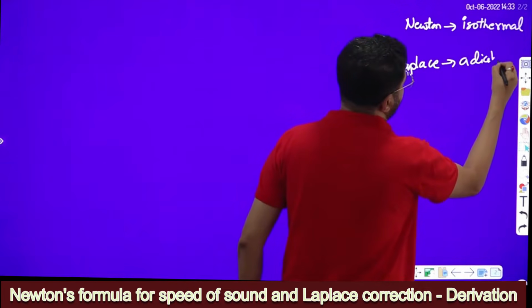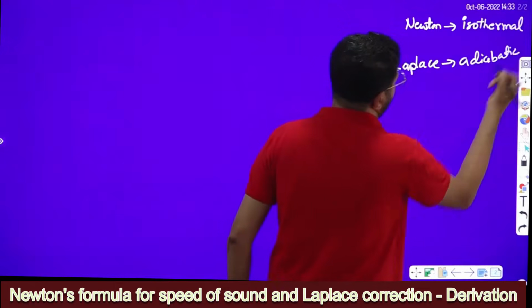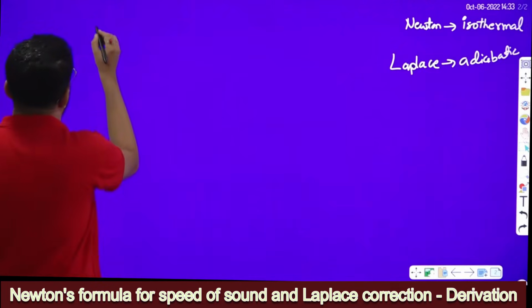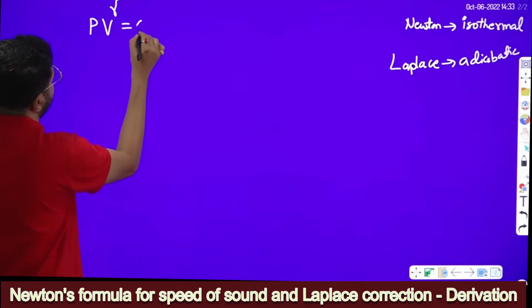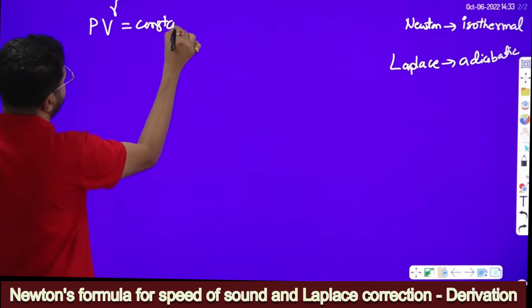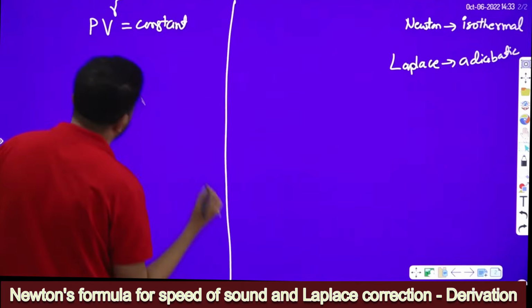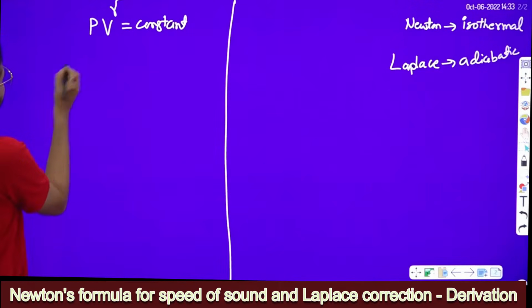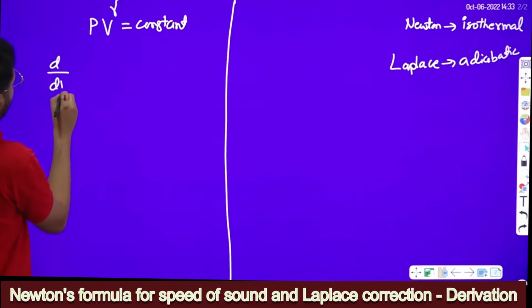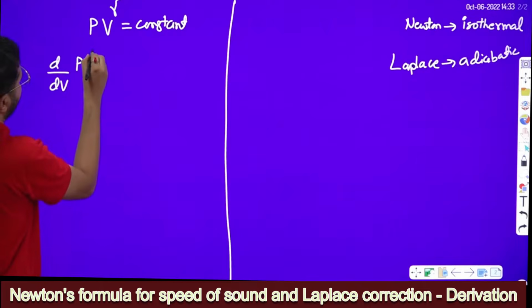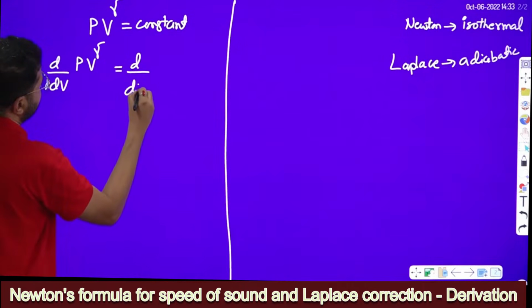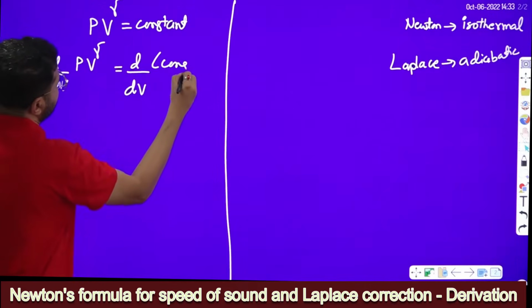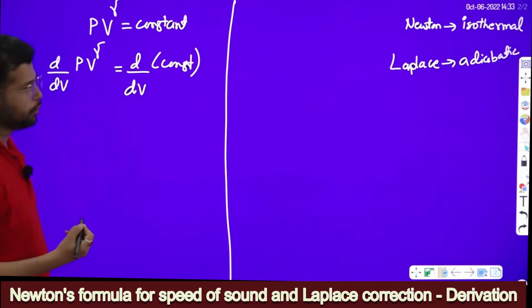So, he took the equation for the adiabatic process. What is that? PV to the power gamma is equal to constant. This is the equation of the adiabatic process. Now, we will differentiate this with respect to V. Differentiation of P V power gamma is equal to differentiation of constant, and we know that differentiation of a constant is equal to 0.